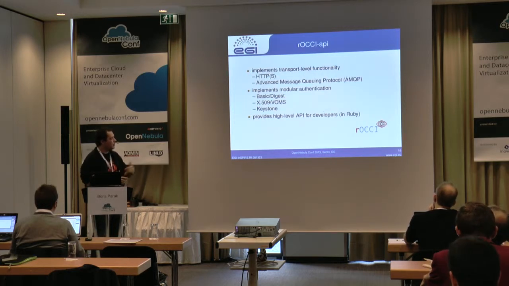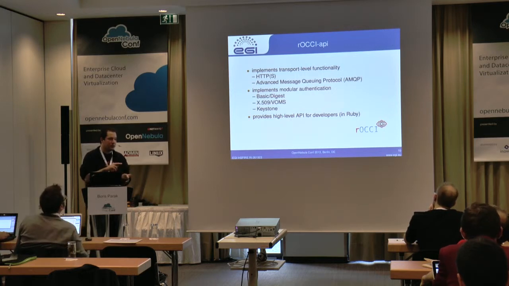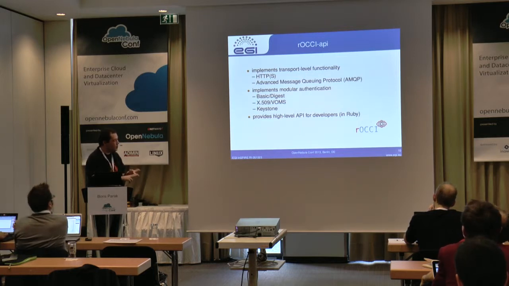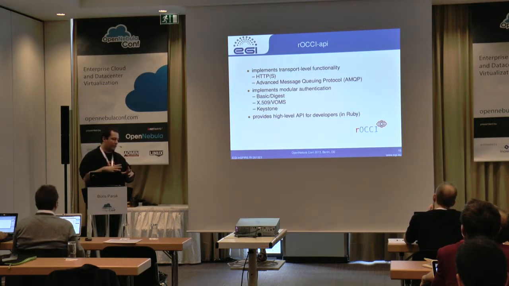rOCCI API provides another level of abstraction. It provides transport level functionality, so we implement client-side protocols, HTTP. We are at the moment working on AMQP, and it will provide a basis for a client implementation.